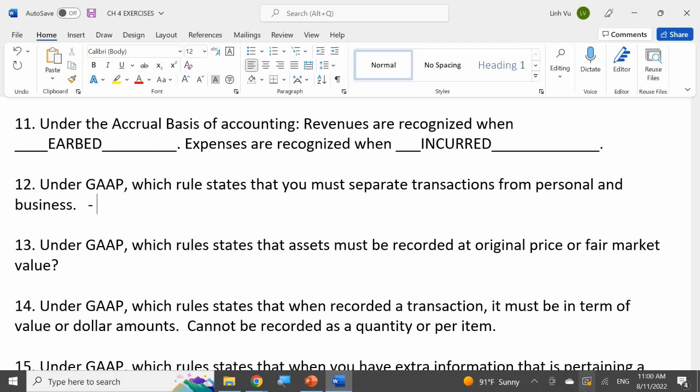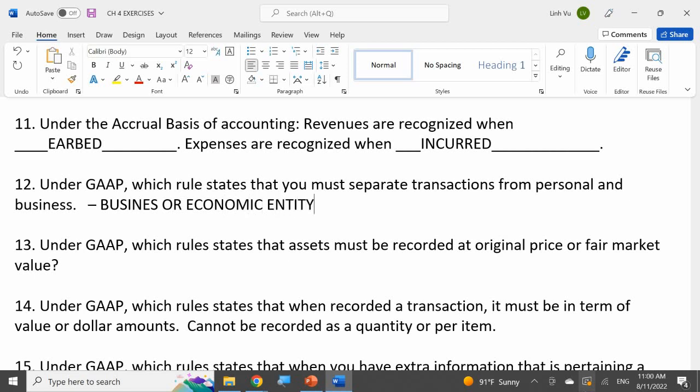I gave you an example of this one: having a separate business bank account versus your personal bank account. Business or economic entity. Correct.